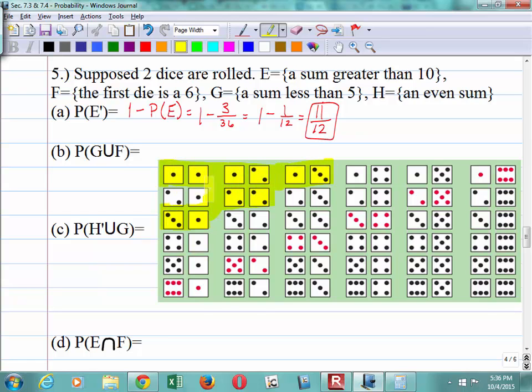So that would be all of these. And then the first die is a 6. That's just all of these. So there are 12 of those. So 12 out of 36 equals 1/3.